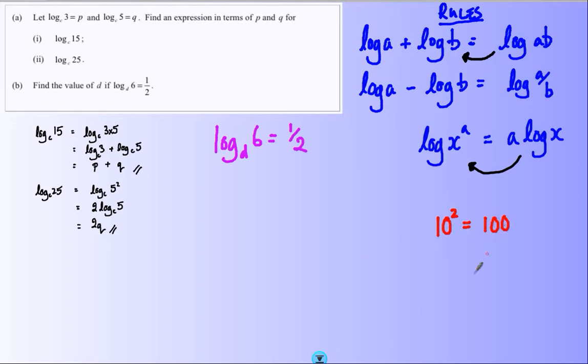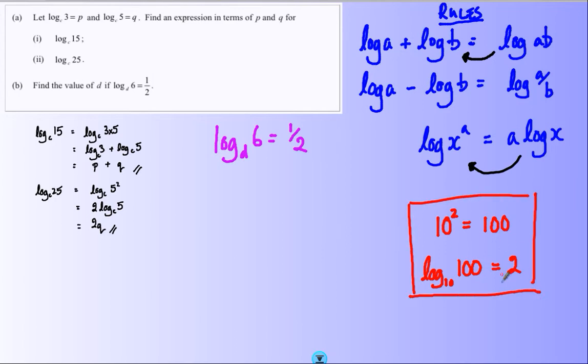Logarithms are about indices, and an expression like this, for example, logarithm base 10 of 100. The logarithm asks what index of 10 gives me 100. The answer is 2. So these two expressions here are equivalent, and we can flip between one or the other. Quite often with things like this, it's better to have the index than it is to have the logarithm.